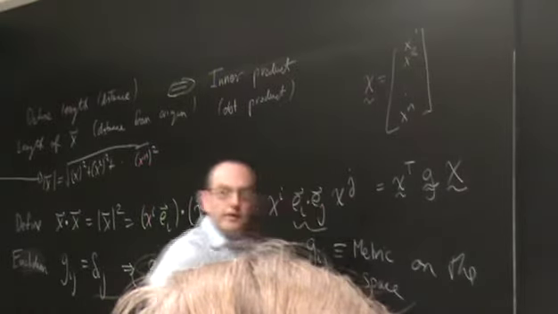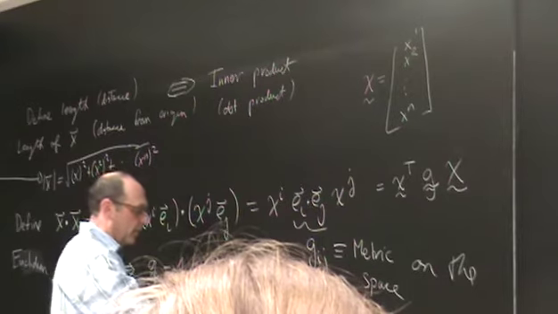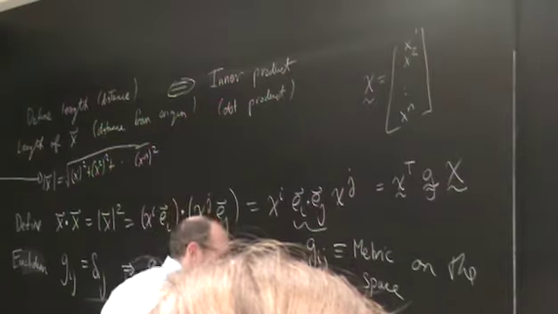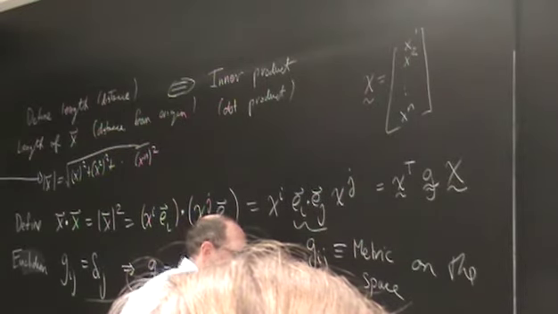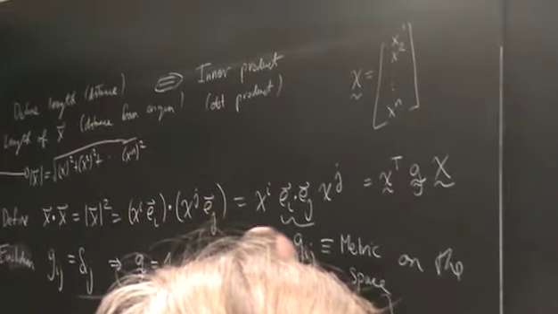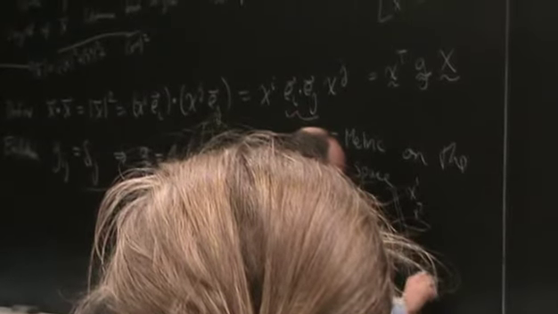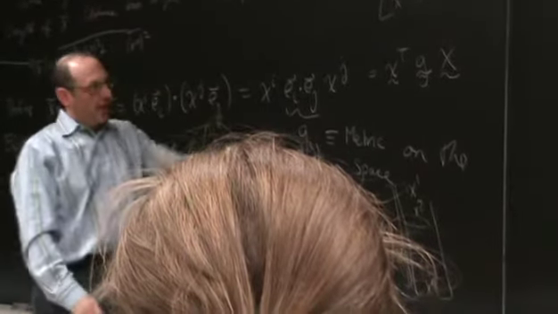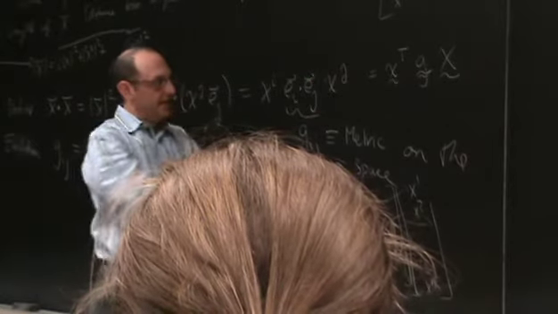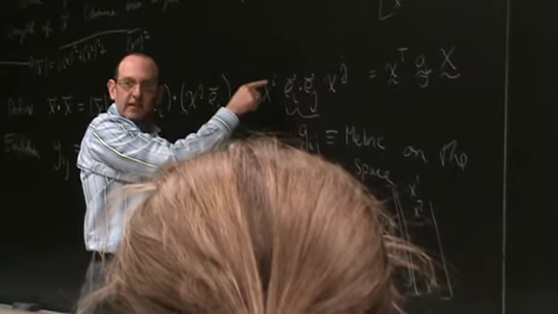In other words, if I were to write this out, I have the column, the row vector, so I sum over repeated indices, and by the rules of matrix multiplication, that means I sum a column with a row with a column.